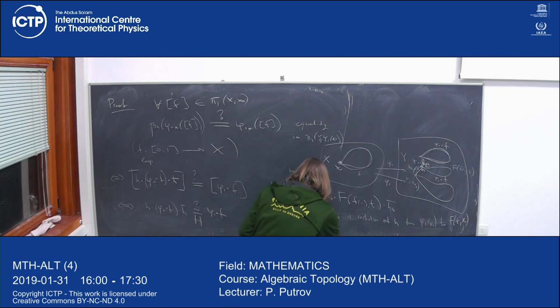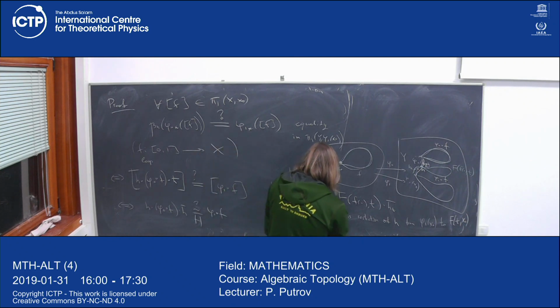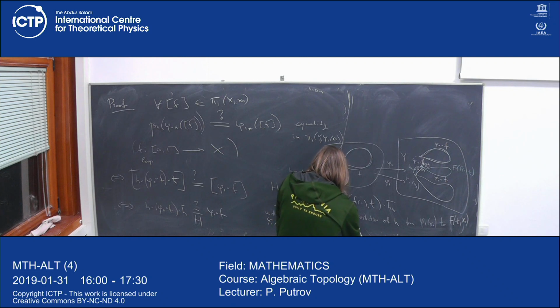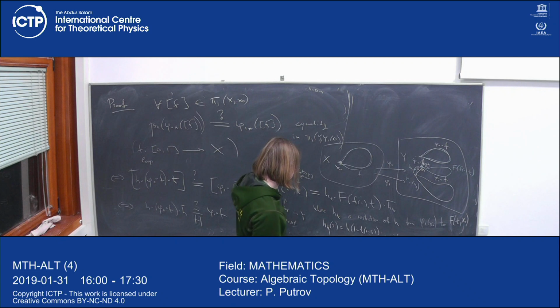So explicitly one can write h_t of s as h of (1 minus t) ... So when t equals 1, it just becomes the same as h of s.